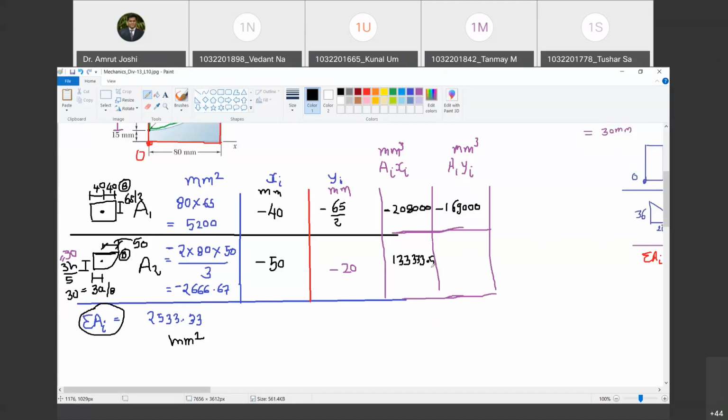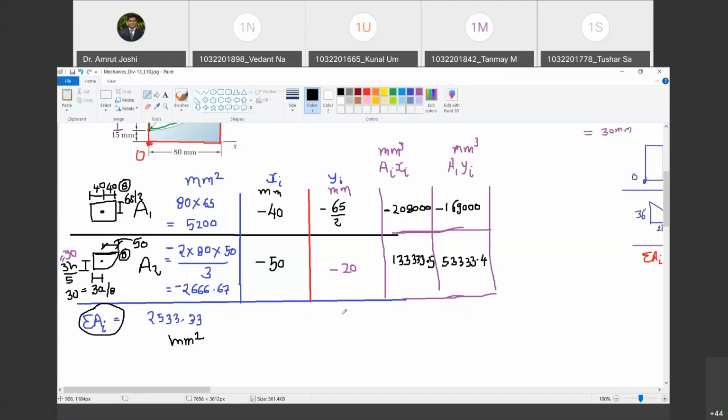Next. 2666.67 into 20. The negative sign is going to vanish. 53,333.4. Right? Yes, sir.